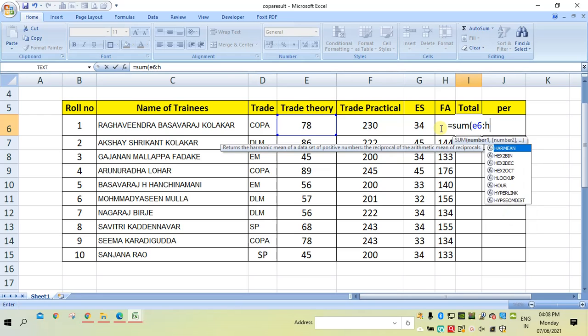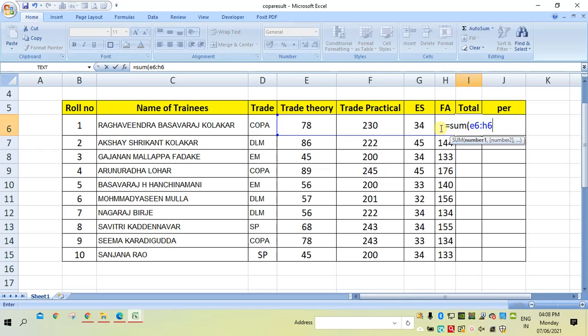So this is the total after writing the formula. The formula is sum in bracket E6 to H6. E6 it is because this is the number I need; it comes in E6. The last one is H6. So after adding this we will get 472.